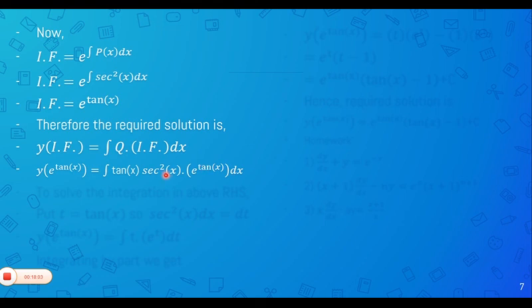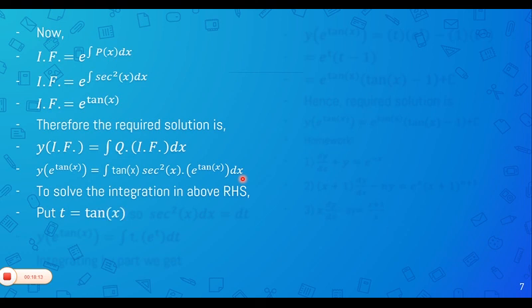Here sec square x, which is the derivative of tan x, is multiplying dx. Therefore we can put t equal to tan x. Therefore the derivative of tan x into dx is nothing but dt. Therefore sec square x dx is equal to dt, and the right hand side of the above equation will become integration t into e raised to t dt.